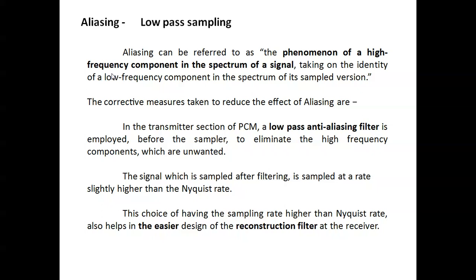In PCM, pulse code modulation, at the transmitter side, we have to reduce this effect of aliasing, the overlapping where information gets lost. So we have to avoid that. We use a low pass anti-aliasing filter on the transmitter side.